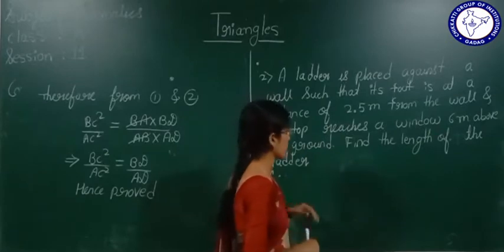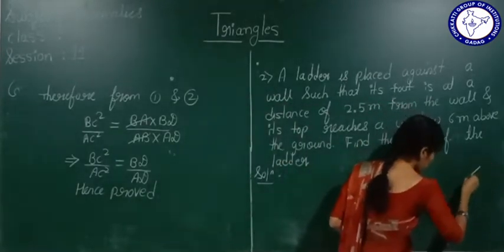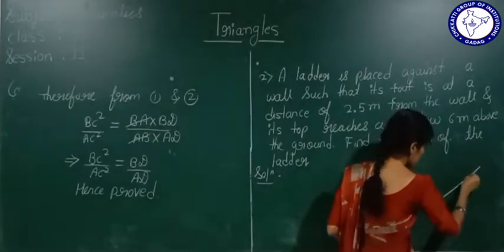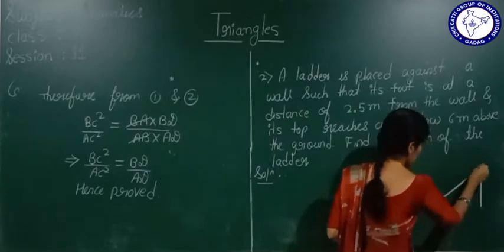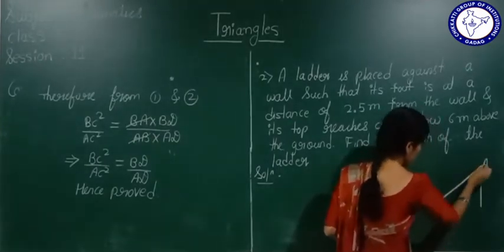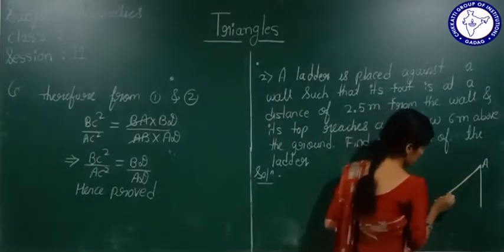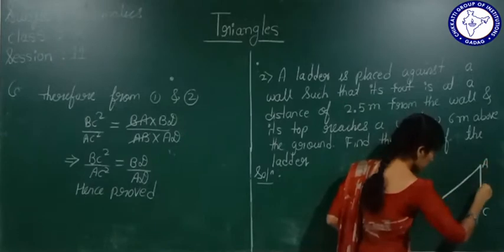Find the length of the ladder. See here, we will take AB. We will think this is a ladder, this is placed against a wall. Here AB is a ladder placed against the wall AC.